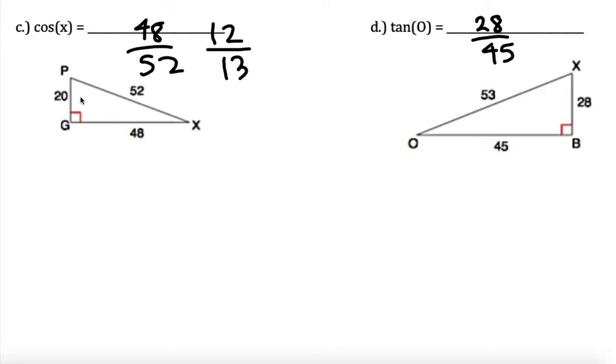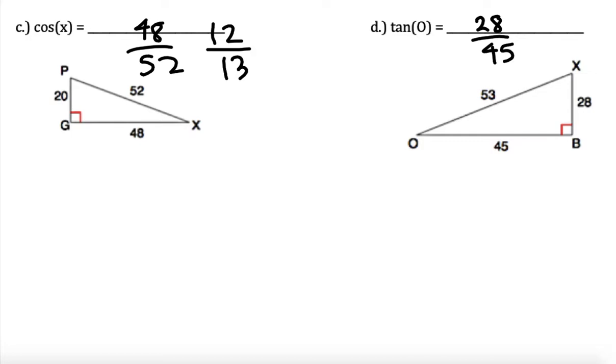From angle X here, we have opposite, 48 is adjacent, 52 is the hypotenuse, 48 over 52 reduces to 12/13. And tangent from angle O, TOA, opposite 28 over 45 adjacent. And that does not reduce.